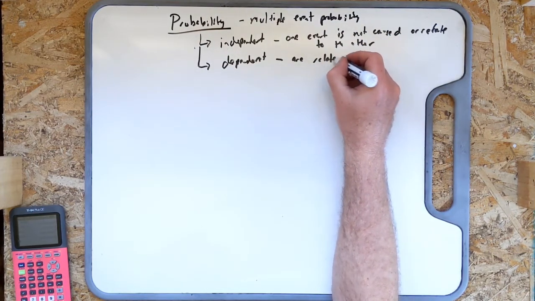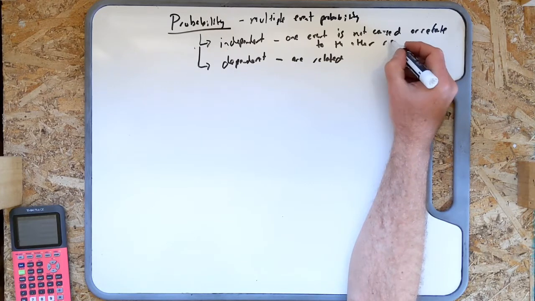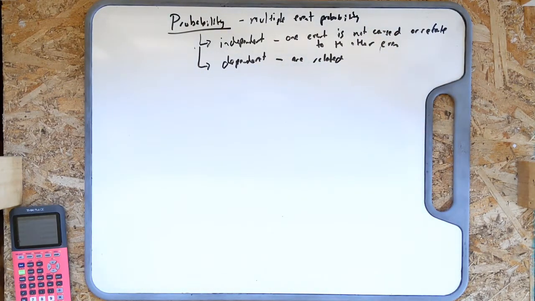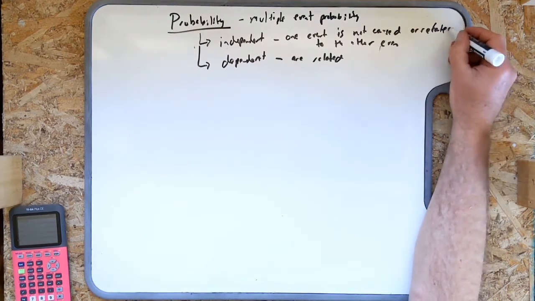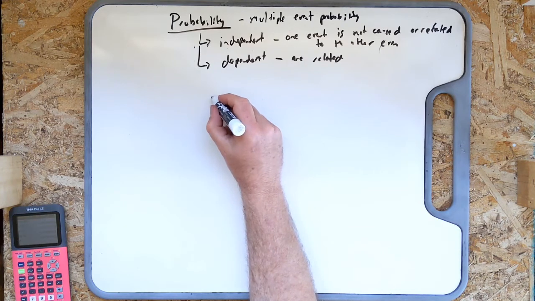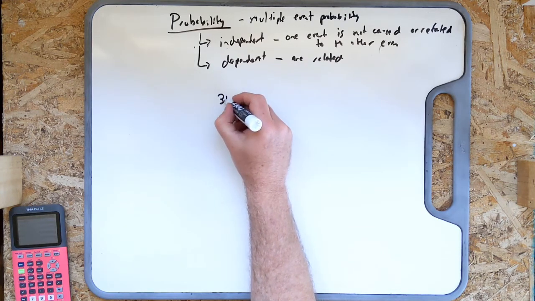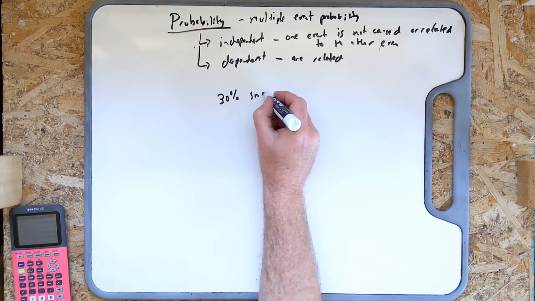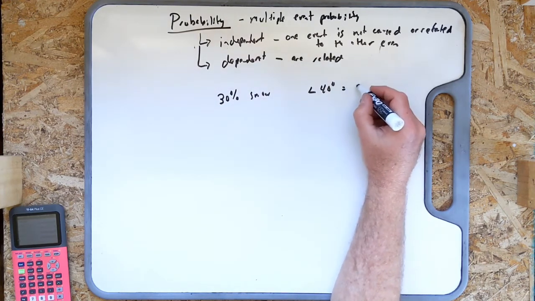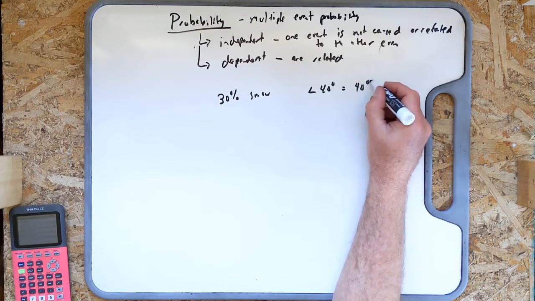I'll give you an example of what means related. Again, independent means one event is not caused or related to the other event. So for example, if I had a probability of is it going to snow tomorrow, and it was 30% chance of snow, and then I said, what is the probability that it'll be less than 40 degrees? And I said that's, I don't know, 40%.